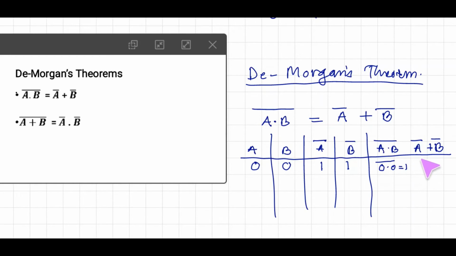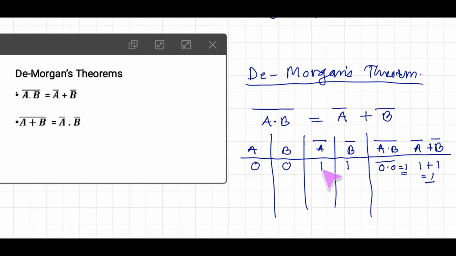Similarly, here A complement is 1 plus B complement is 1, that is equal to 1. So we can say that the complement of A dot B, that means complement of product, is exactly equal to the summation of complements. So here the result is 1 and this is also 1.